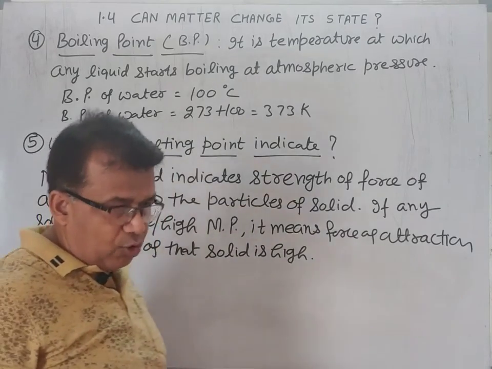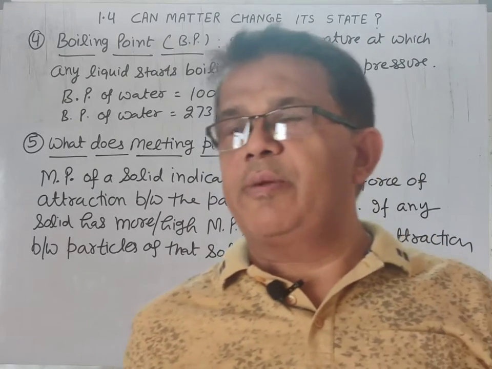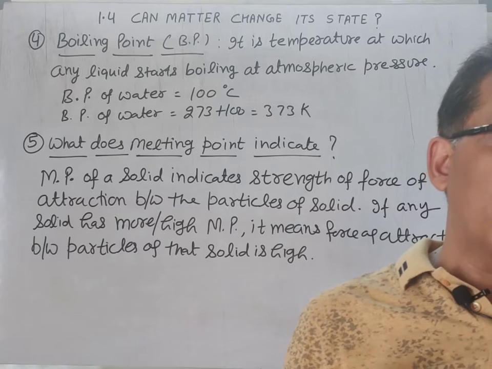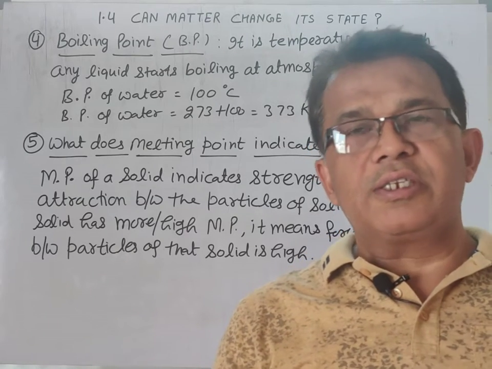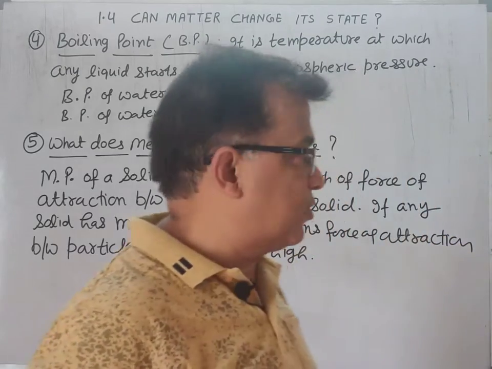For example, we know melting point of iron is greater than the melting point of wax. It means force of attraction between the particles of iron is greater than force of attraction between particles of wax.